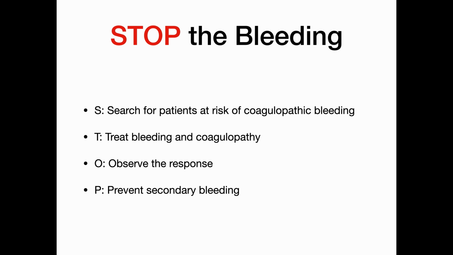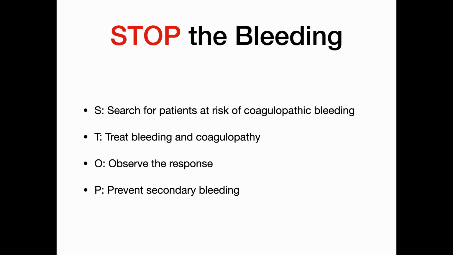So if you need to give blood, that's usually indicated. And if you need to give them TXA and FFP, that's also usually a good idea if the alternative is getting worse.